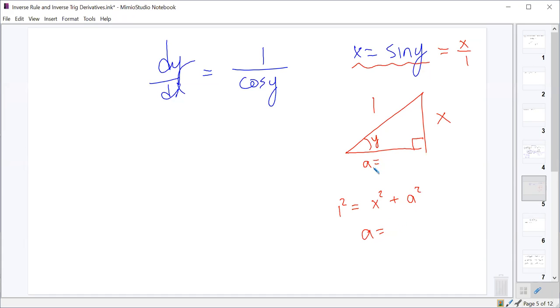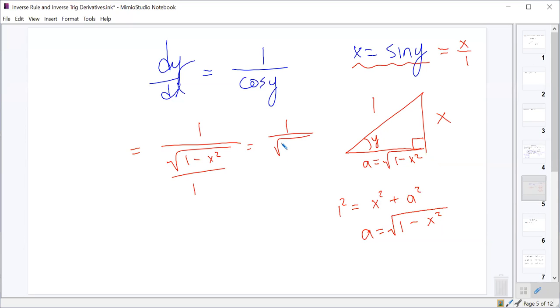Well, it does equal cosine y, but I just meant in terms of the Pythagorean theorem that we used here. 1 squared minus x squared, or the square root of 1 minus x squared. So this is the square root of 1 minus x squared, and cosine of y ought to be that square root of 1 minus x squared over 1. So we really just have 1 over root 1 minus x squared. And this right here is the derivative of the inverse sine.